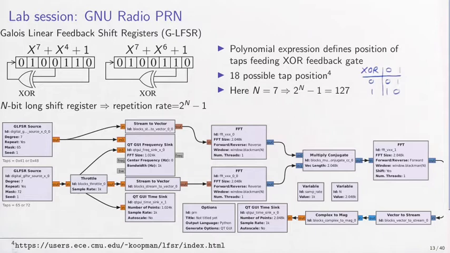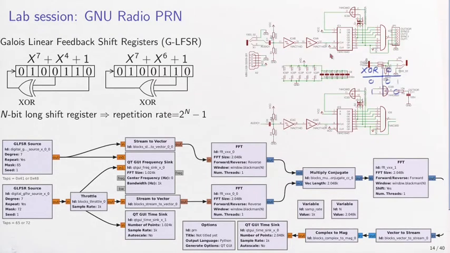Such a circuit is actually quite easy to implement in electronics. In electronics, this will be made of a shift register with its outputs. Here we have 8 outputs, 7 of which are used. And we see here that we have this XOR function which feeds back the output of two tap positions.